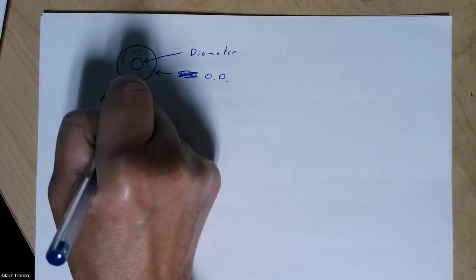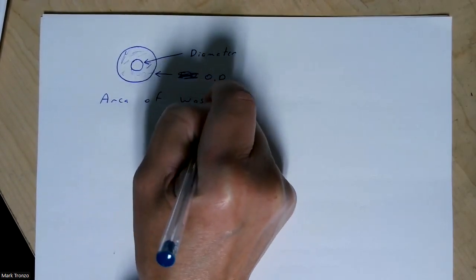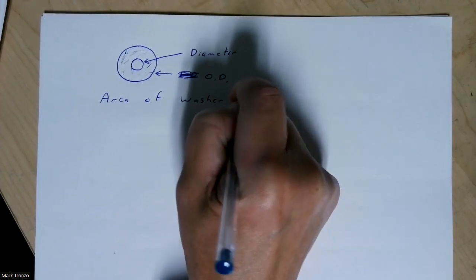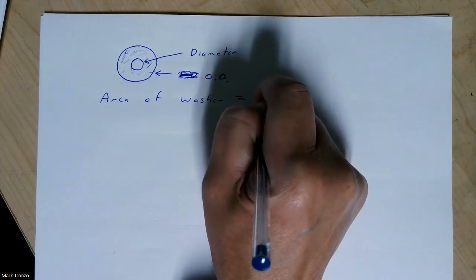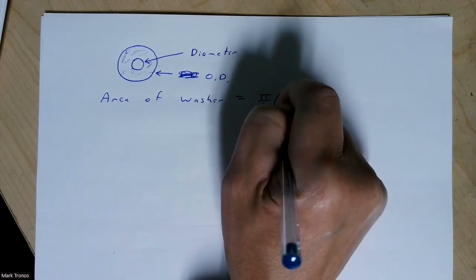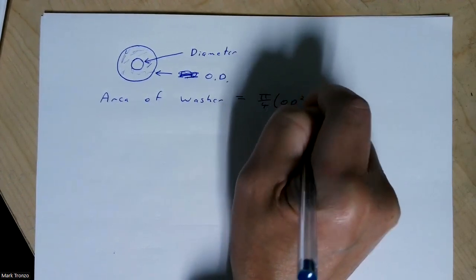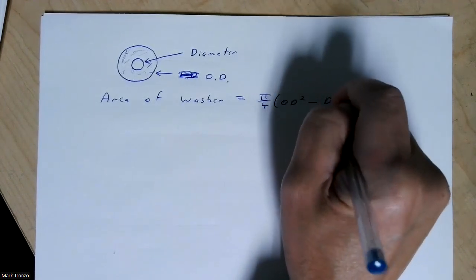So the area of the washer is going to be equal to pi over 4 times this outside diameter squared minus the inside diameter squared. This is what you found in the last step.